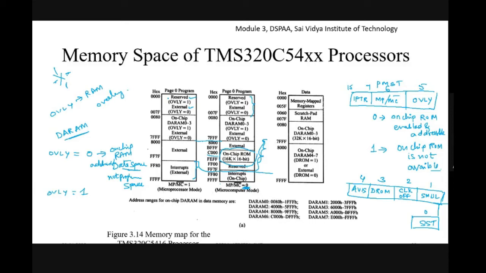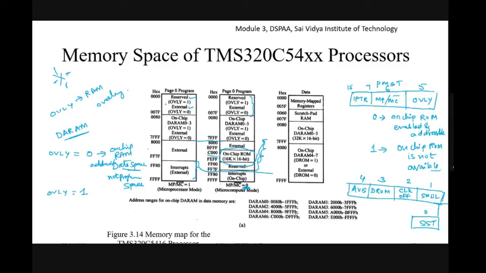So in those pages, we will be having the on-chip dual access RAM. Only in page 0, when OVLY is equal to 1, the DARAM is reserved. It's not accessible. I'll just show you the next diagram.